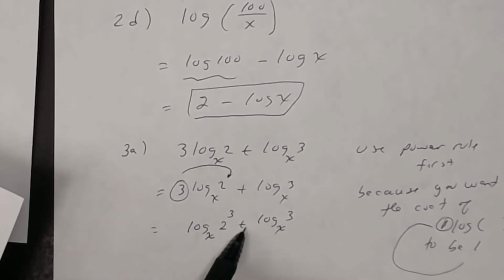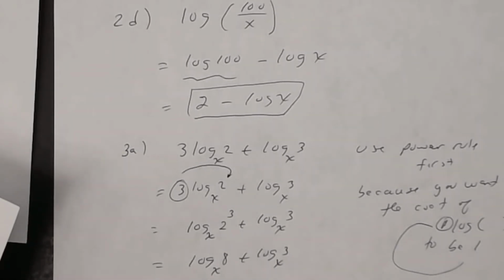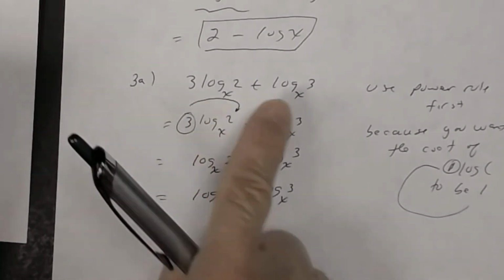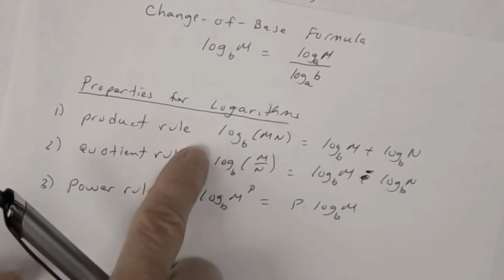Now simplify as much as possible. 2 cubed is 8, so it becomes the log of 8 base x plus the log of 3 base x. Now, remember, condensing means to write what you started out with as one logarithm with a coefficient of 1.